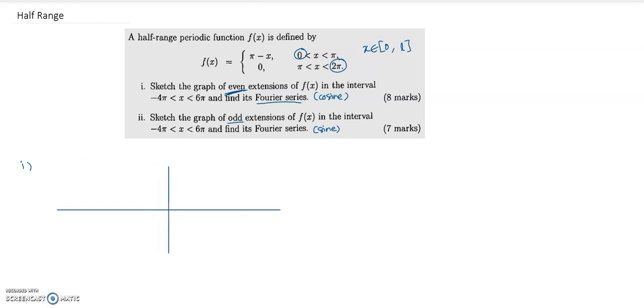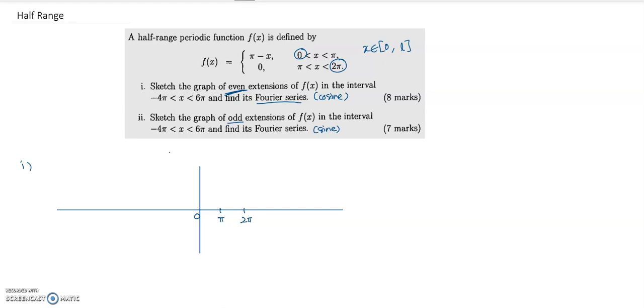The first interval is 0 to pi, and in the second interval, we have pi to 2 pi.